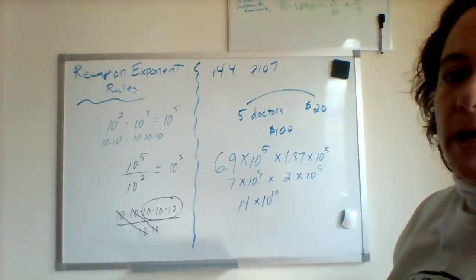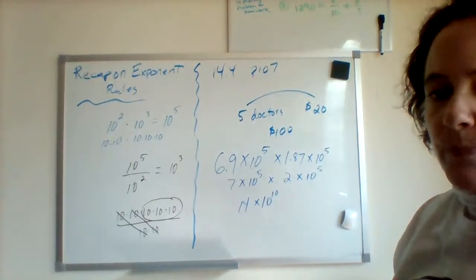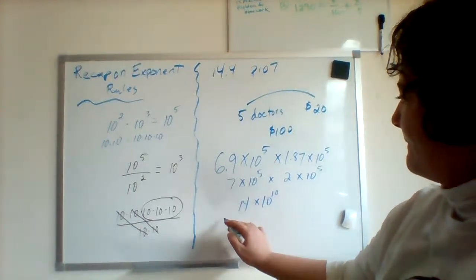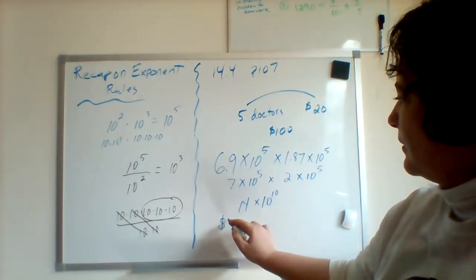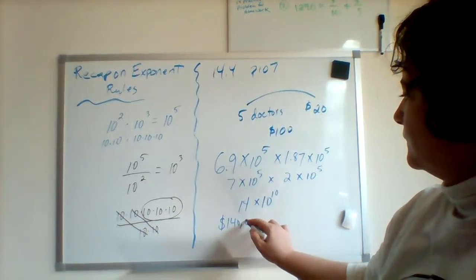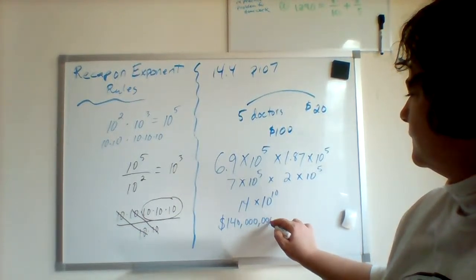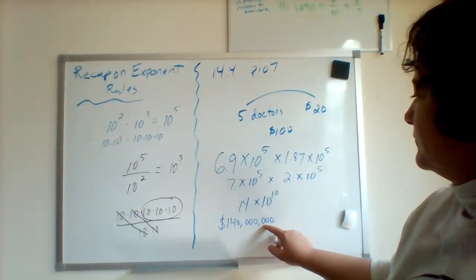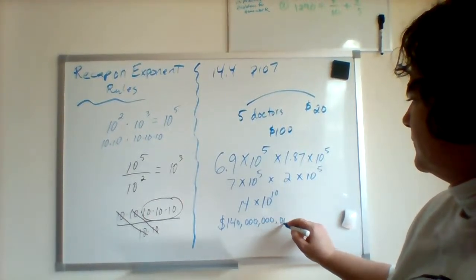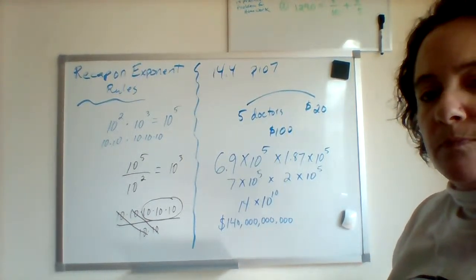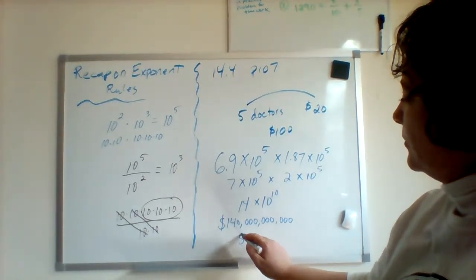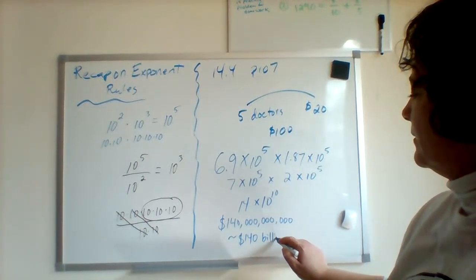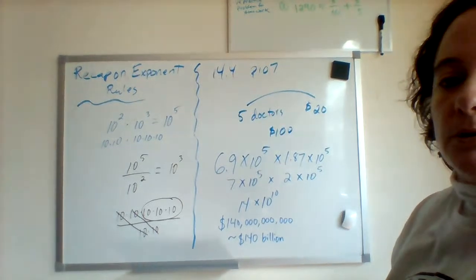So all the doctors combined make about $140 billion combined.